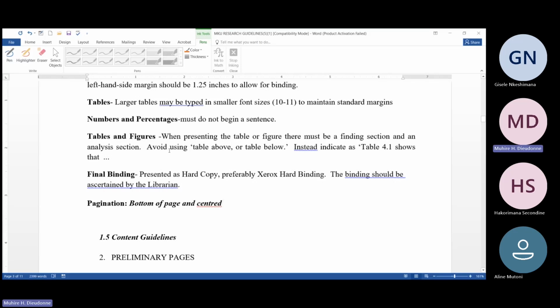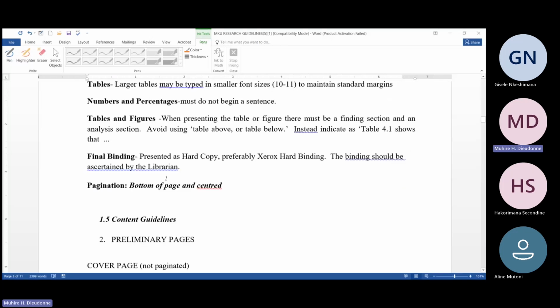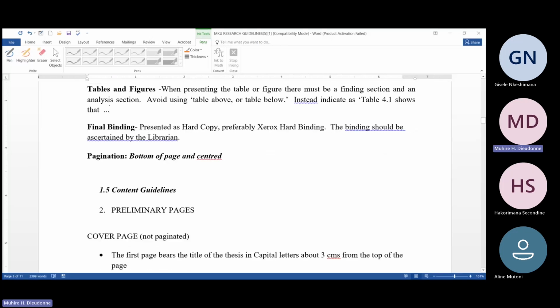So avoid saying the table above or the table below. Instead, indicate the number of the table. Finally, on hard copy, we will not go through that one.